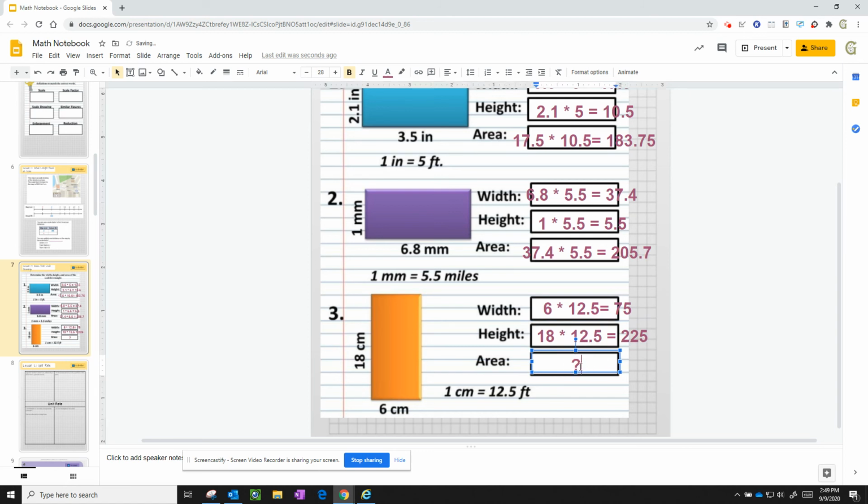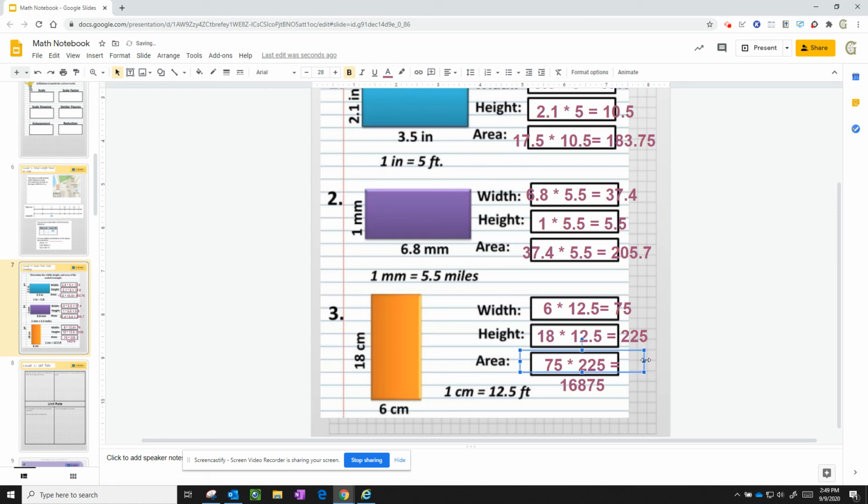And so for your area, we got 75 times 225 equals 16,875.